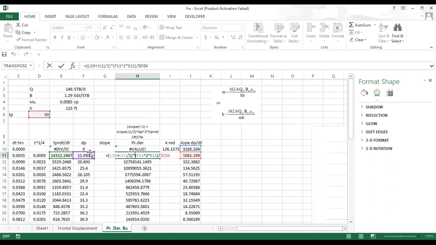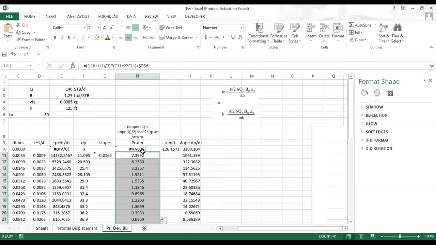But this is not dp. This is the mistake. What I have done is it is dt. So this is the mistake I have done.